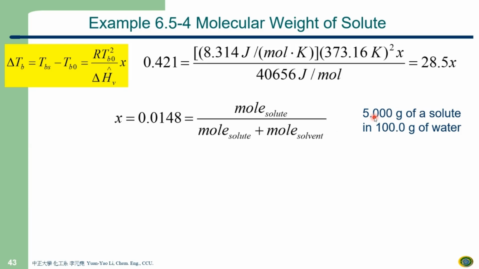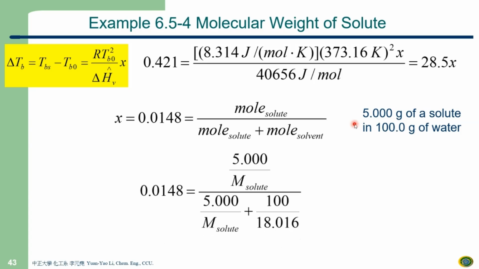And you understand this is 5 grams of the solute in 100 grams water. So just put this in and rearrange. The molecular weight of the solute will be 60. So you can have a guess. What's the species with the molecular weight of 60?